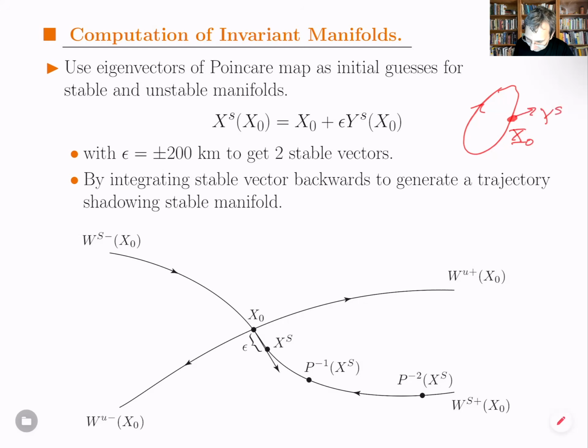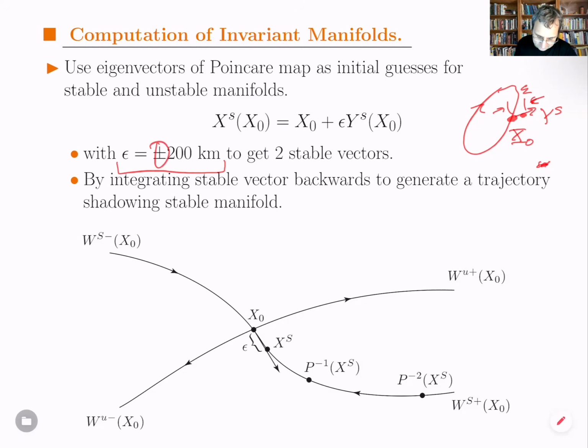I'll call that ys. That's the stable eigenvector. You start with some displacement that's really small, epsilon, where the position projection would be about 200 kilometers. By a rule of thumb, that seems to work.